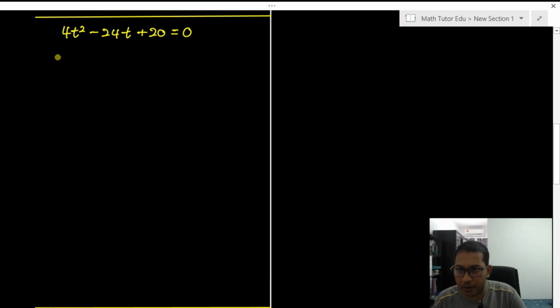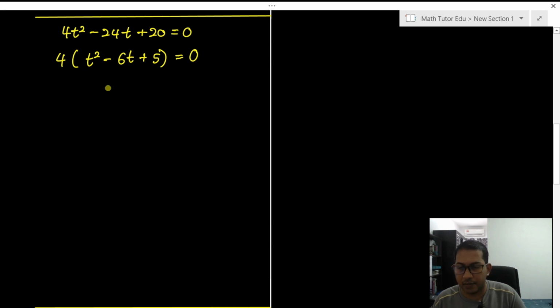You rearrange this equation and get 4t square minus 24t plus 20 equals 0. You factor out the 4, so you get t square minus 6t plus 5 equals 0.